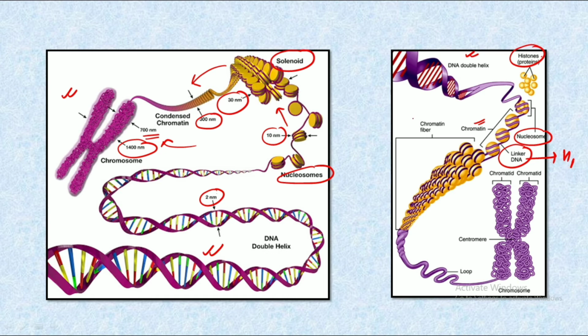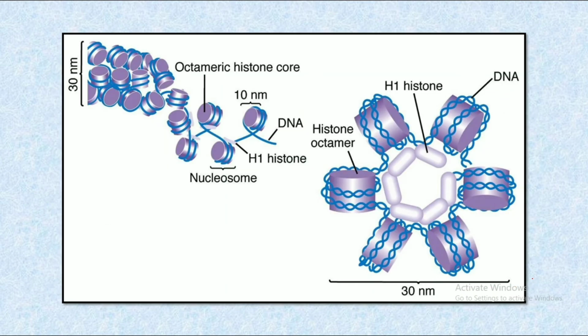Then chromatin fibers form, and with further folds and structures like the loop, we have the final chromosome, in which the 2 strands are called chromatids, and the middle portion is called the centromere, and this complete structure is called the chromosome. You can see how the complete arrangement takes place.